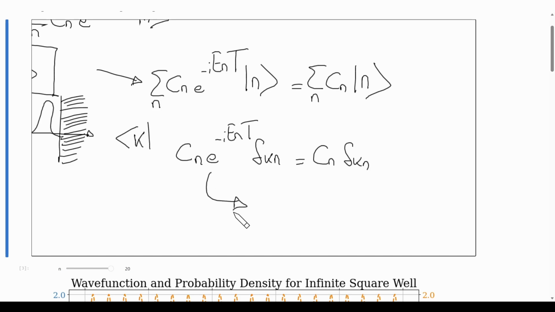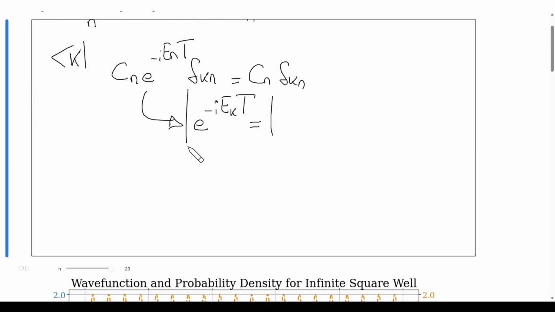So basically, e to the power minus i En t equals 1.